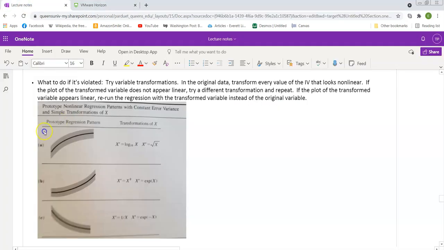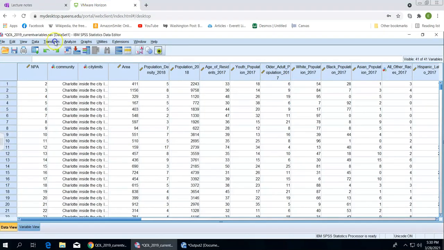Suppose youth population looked like this. If it looked just a little bit like this, we would do a new version of youth population where we took the square root of it.